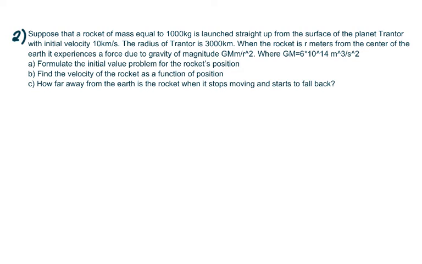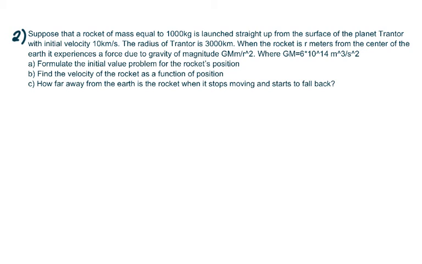When the rocket is r meters from the center of the Earth, it experiences a force due to gravity of magnitude GM times m lowercase, which is essentially the mass of the rocket, divided by r squared, where we are given that GM is equal to 6 times 10 to the 14th meters cubed over second squared.